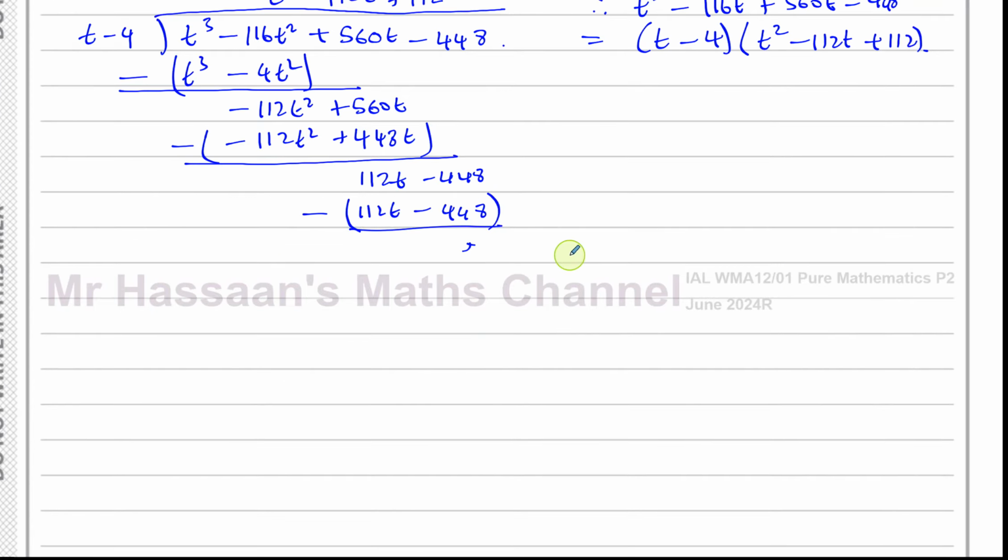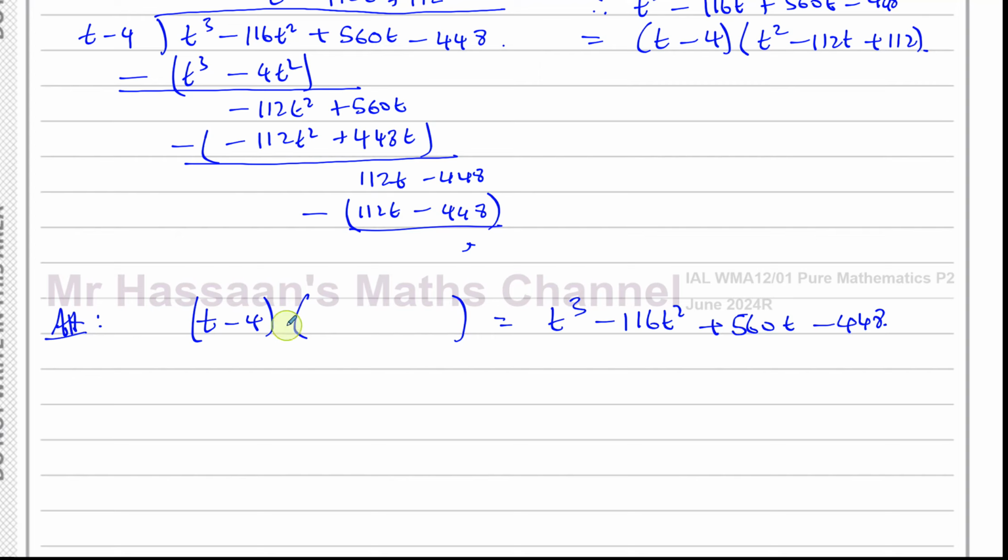But before we do that, I'm going to give you an alternative method of finding the other factor, and that is by doing the following. Say t minus 4 is one factor, times something, gives us t cubed minus 116t squared plus 560t minus 448.